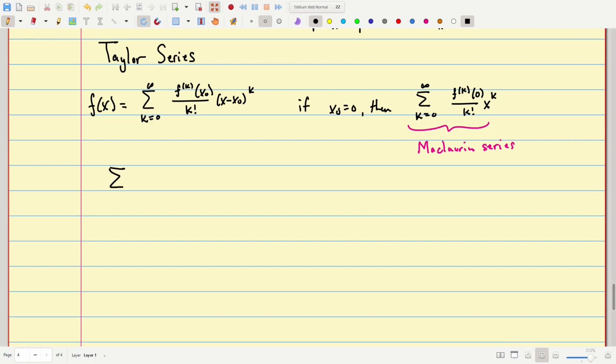Now, in our work, most of the time, instead of writing this more complicated expression, we are just going to write a generic sequence term, a sub k. So this is a Maclaurin series version of a power series, written in a more compressed way so that I don't have to track all of that.